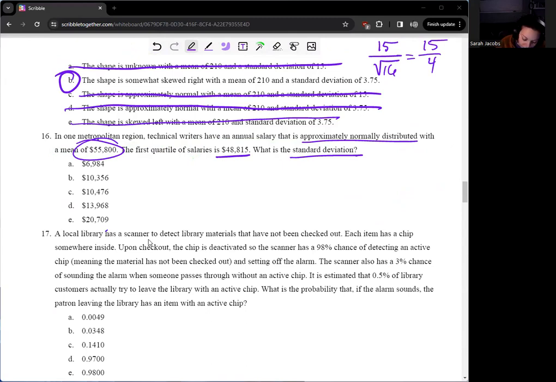First quartile. That means 25% is below, which means we have an area, and we don't have our standard deviation, but we can find a z-score for that. So what we're going to do is say inverse norm, because it's approximately normally distributed.